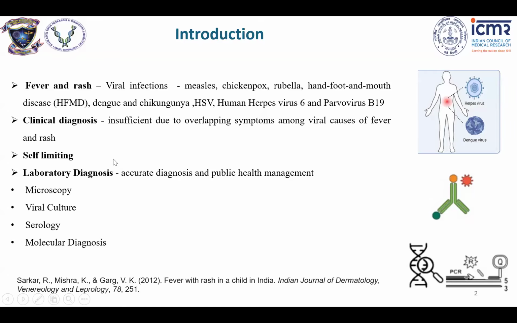Most often, clinical diagnosis is insufficient due to overlapping symptoms among these cases. Though these conditions are self-limiting, some infections are associated with increased mortality and morbidity, like dengue and chikungunya. Laboratory confirmation is required for accurate diagnosis and public health management.